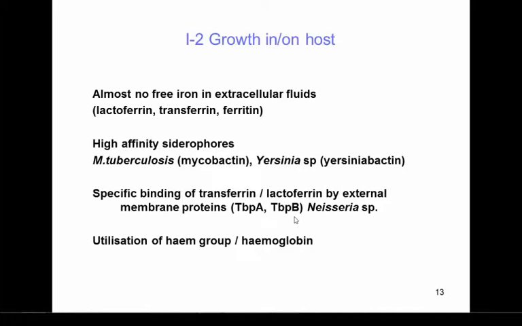So there are pathogenic bacteria that can pick up the heme group and extract the iron. Of course, you have to start lysing the blood cells first to get the iron in that case. So many bacteria are hemolytic. Pathogenic bacteria can be hemolytic, and then they use the hemoglobin that's released to pick up iron.